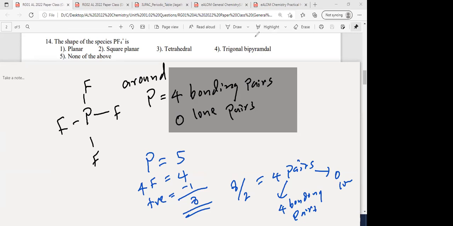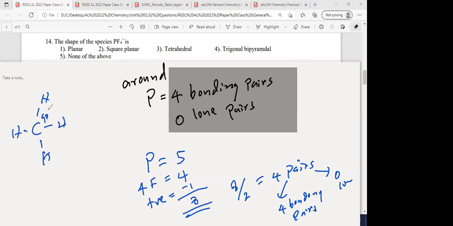I'll explain. When there are 4 bonding pairs and no lone pairs, that is called tetrahedral. One of the best examples, which even in O level you have done, is CH4. But if it were flat, the angle would be 90 degrees, and 90 degrees means repulsion between bonding pairs.